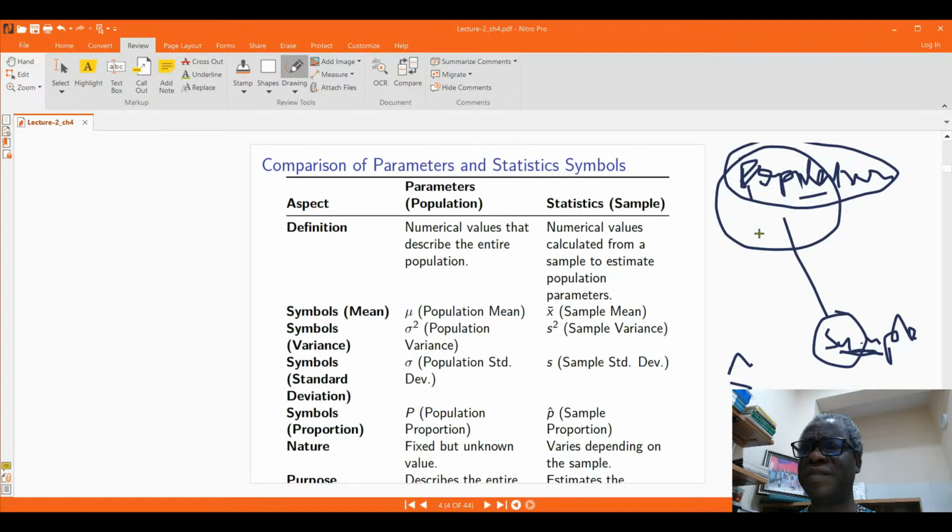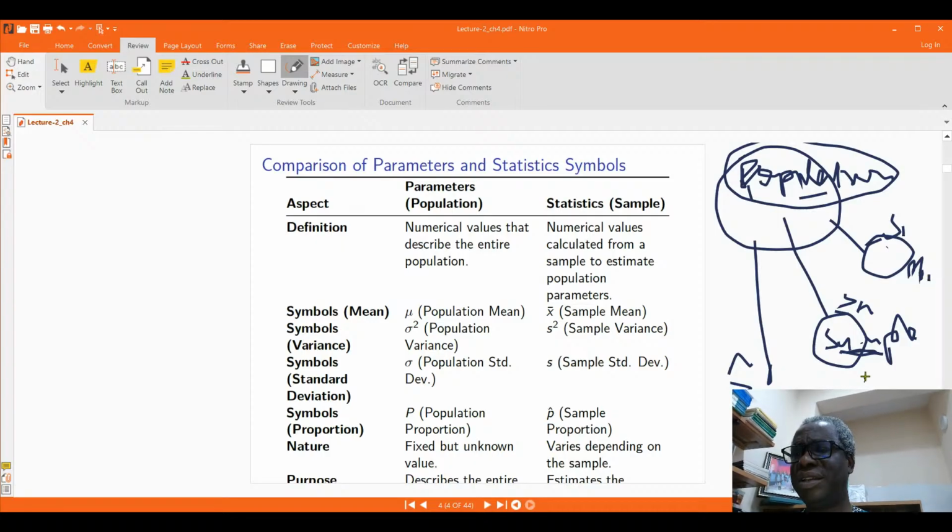So if, for instance, from this same population, we decide to pick another sample, we can call this sample 1, and this sample 2. The average from this sample, the sample mean 1, and this one, sample mean 2, will be different.